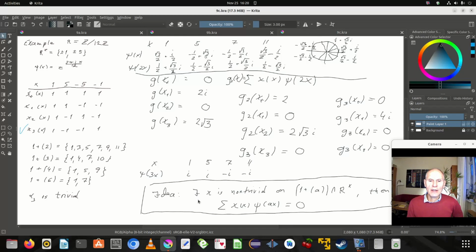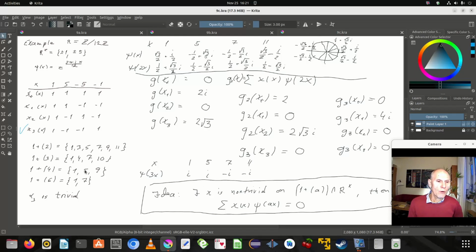I got this idea that, say, chi is non-trivial on this group. That is, I don't know what that is in English, to take the common set and the multiplicative group, or rather those of these that lie in the multiplicative group.